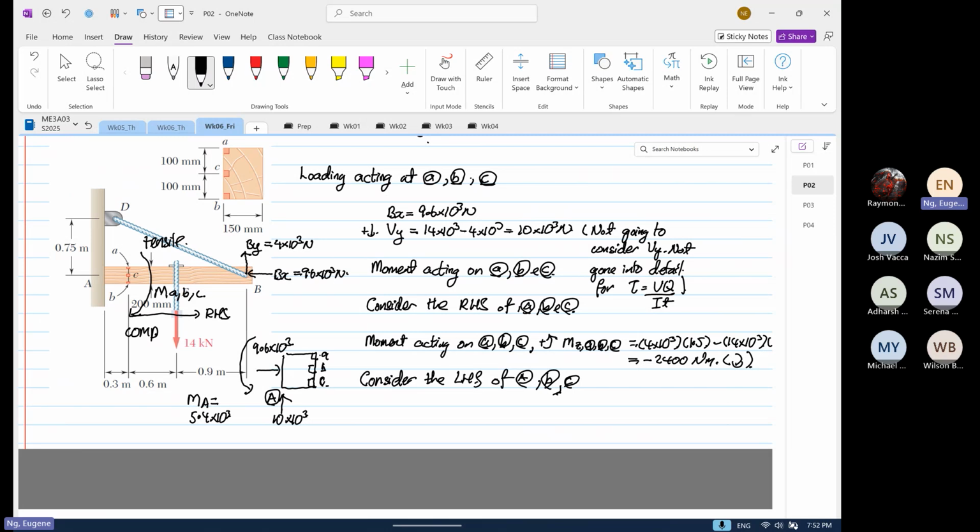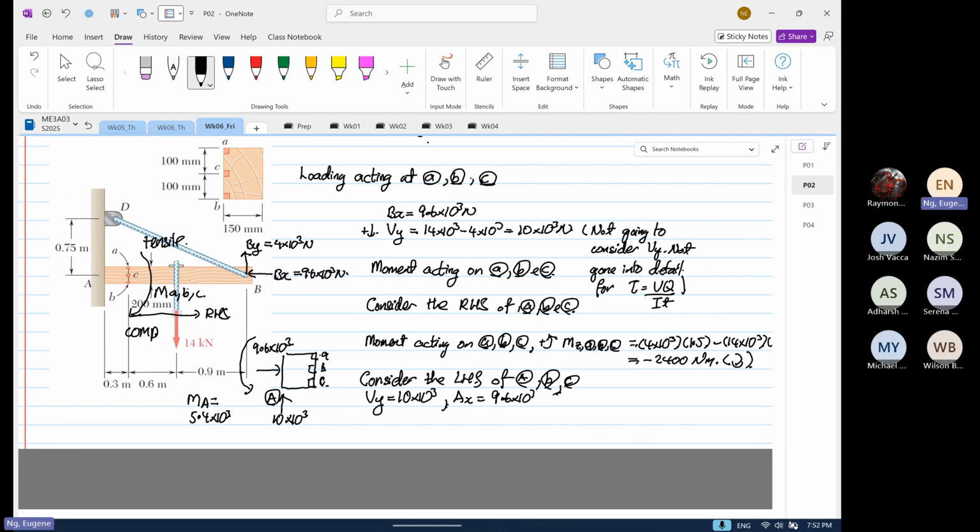By looking at here, Vy is equal to 10 times 10 to the power 3, and AX is equal to 9.6 times 10 to the power 3.